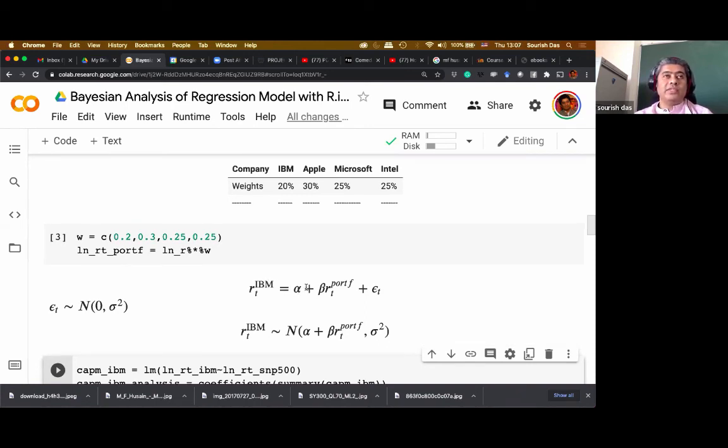And if alpha is strictly less than 0, then I'll say IBM is overpriced. So depending on alpha, I have 3 hypotheses: either it is underpriced, fairly priced, or overpriced. I can come up with some kind of probability for each of the hypotheses.